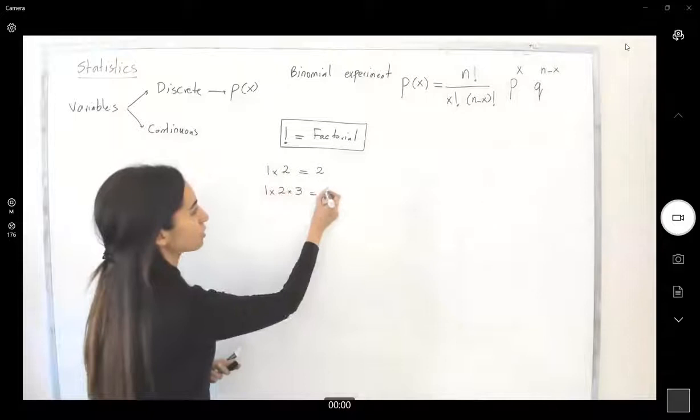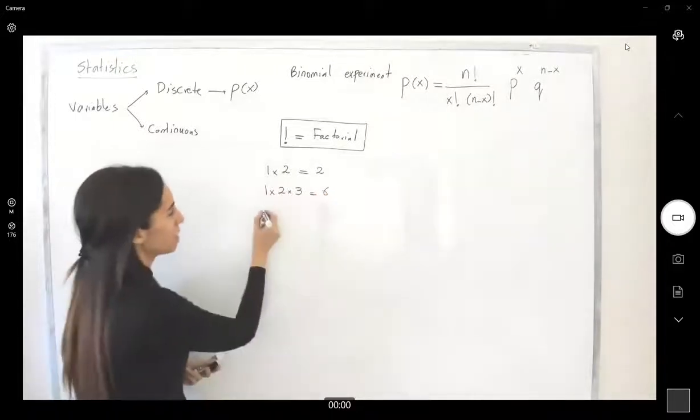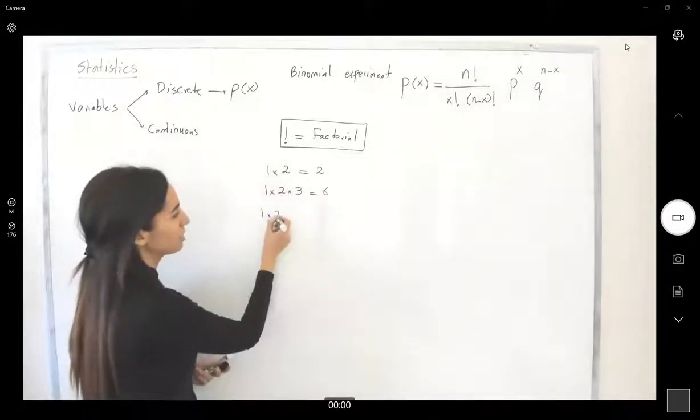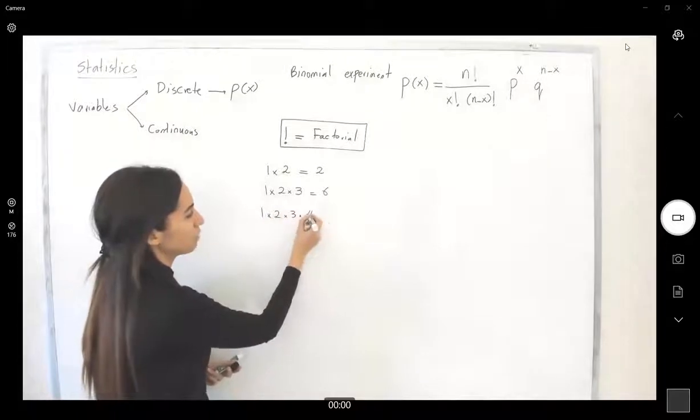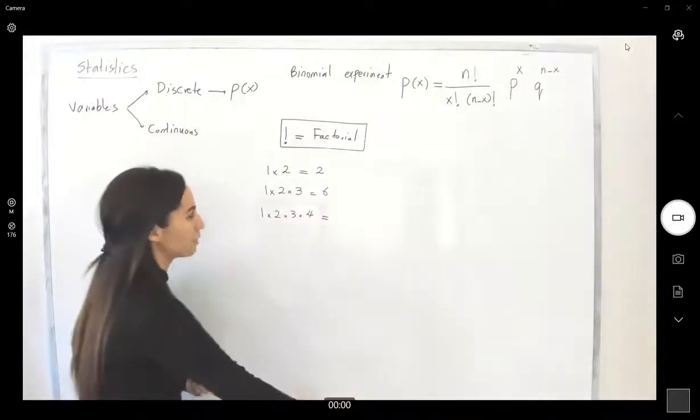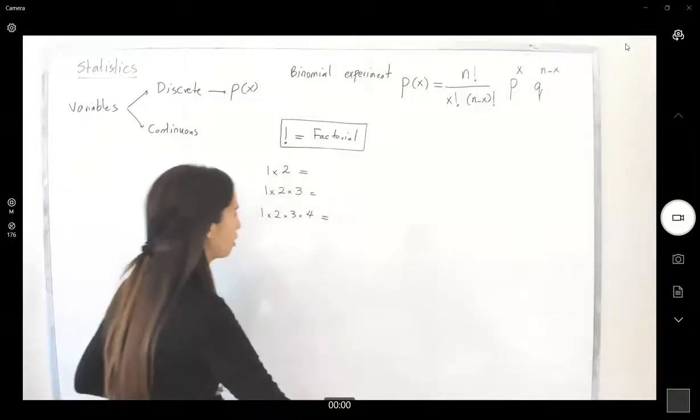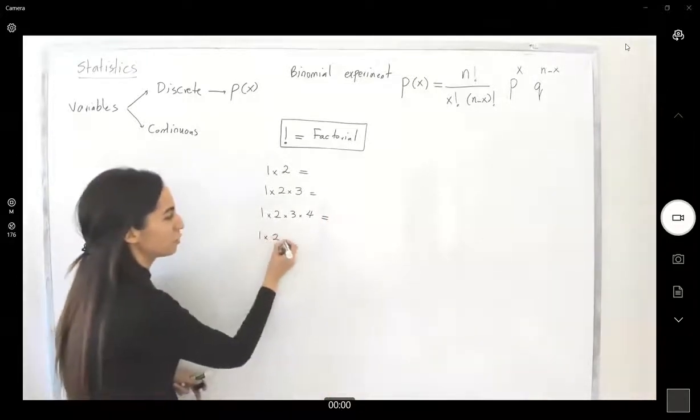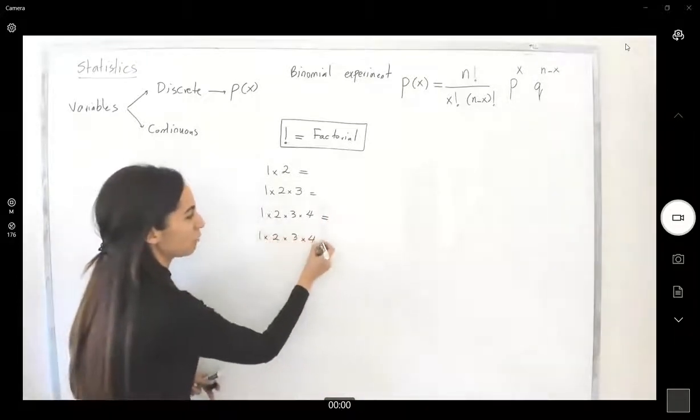The result is 6. What if you start multiplying 1 by 2, by 3, by 4? What if you multiply 1 by 2, by 3, by 4, by 5?